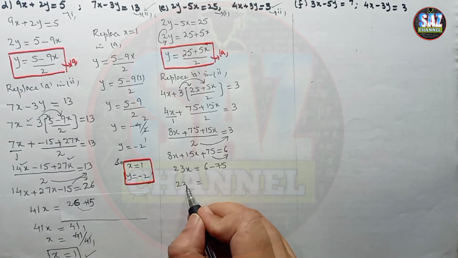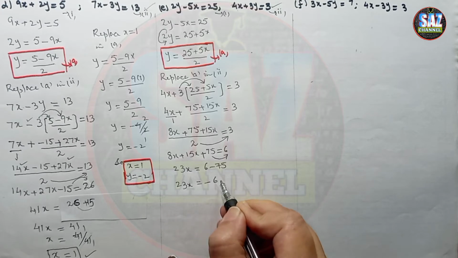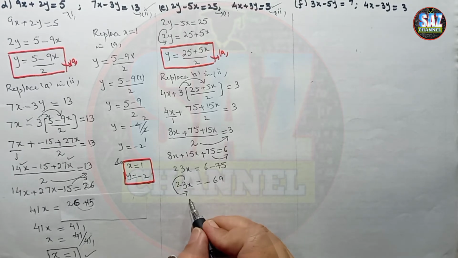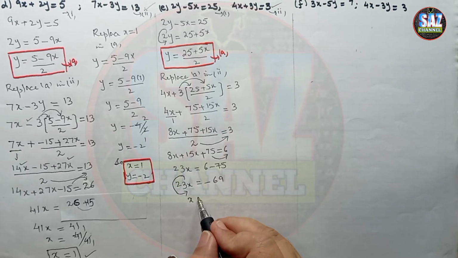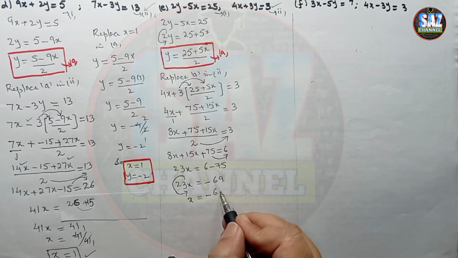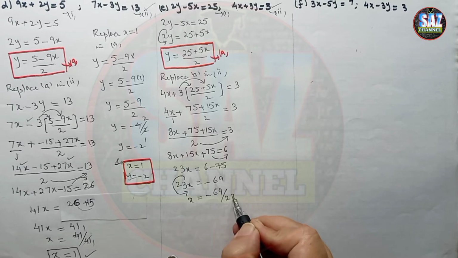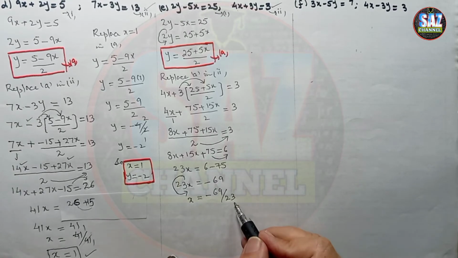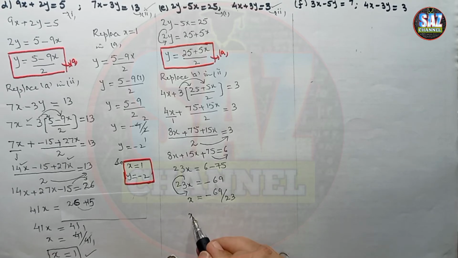So 23x will be equal to minus 69. In order to get value of x, I have to shift this 23 to the other side. So x will be equal to minus 69 by 23. And when I'm dividing 69 by 23, 3 3s are 9, 3 2s are 6, x equals minus 3.